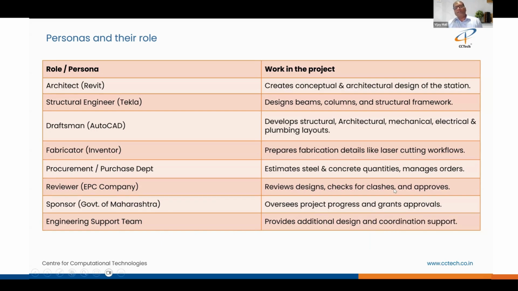And then we have an engineering support team, which provides additional design and coordination support. So this is a typical ecosystem that we have considered in this case study. But if you have a look at this whole template, you will see that it's a generalized environment that we all work in when it comes to a large scale engineering project.